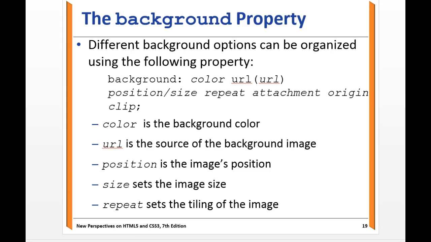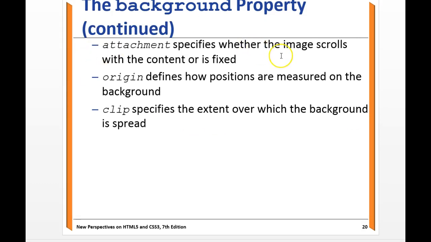The color is the background color, the URL, as we said, is the location of the image, the position is the image position, the size is the size of the image. Repeat, if we want no repeat, means the tiling is not going to repeat. The attachment specifies whether the image scrolls or is fixed.